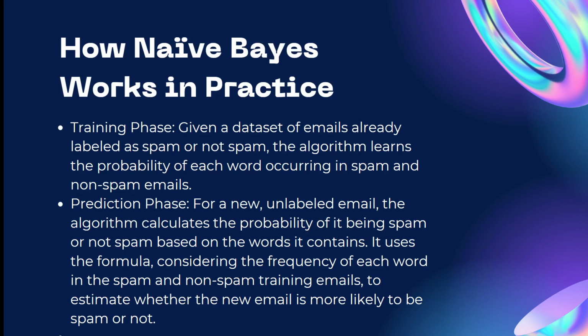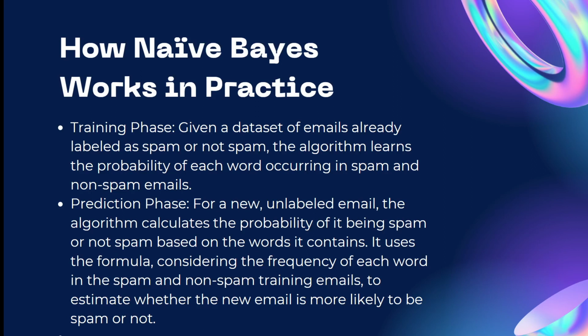The word free is contained in 80% of the spam emails and 5% of the real emails. So you can easily say that if an email includes the word free, probably it's going to be a spam email, and you get the probabilities of each word occurring in spam and non-spam emails.